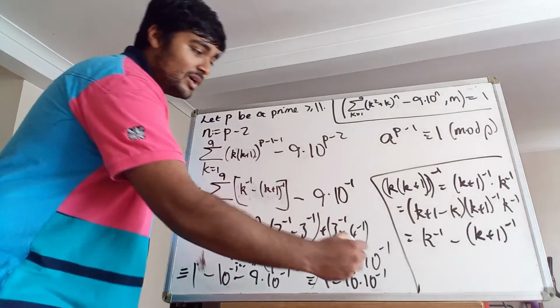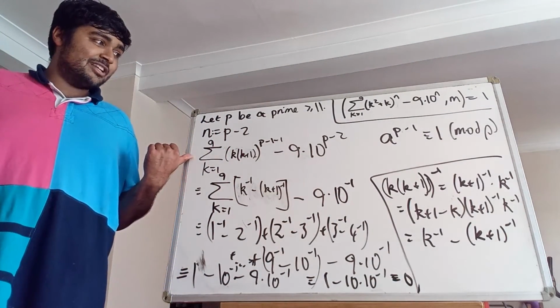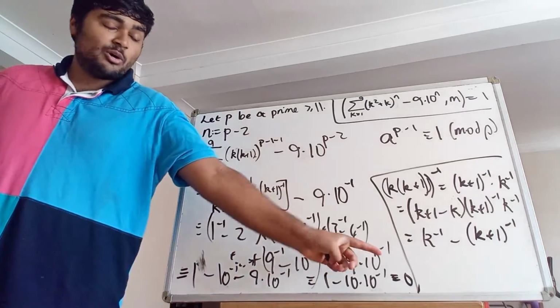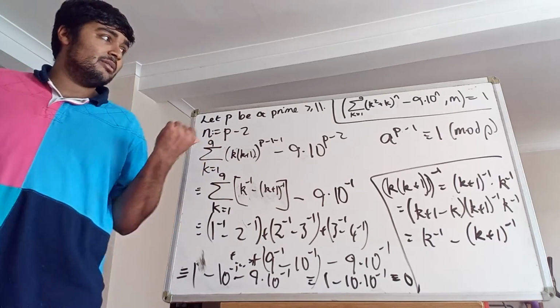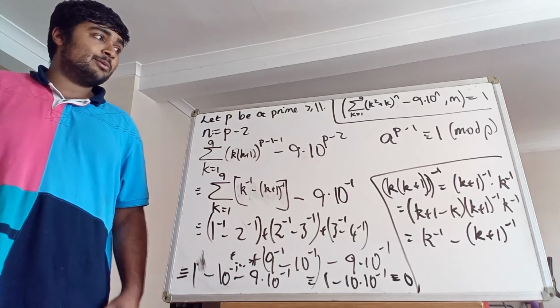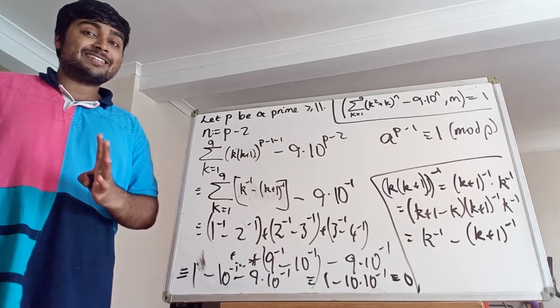So we've got 1 minus 1, which of course is 0. So we've got that this expression here, when we chunk through all the algebra and using Fermat's little theorem, is congruent to 0 mod p, which tells us that at n equals p minus 2, this guy here is a multiple of p, for p being bigger than or equal to 11, which is kind of what we wanted to prove. So cool, we've dealt with primes bigger than or equal to 11.